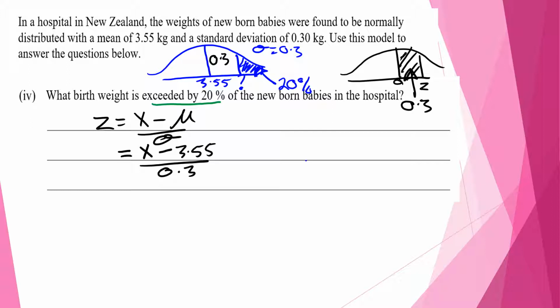So when we look up 0.3 on our, so this is the bit inside, so if I just set up a little z table here, it's the value inside here as close to 0.3 as possible.